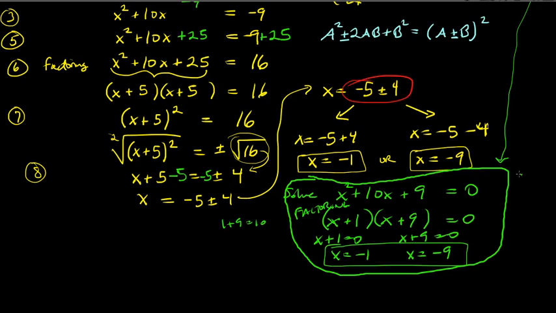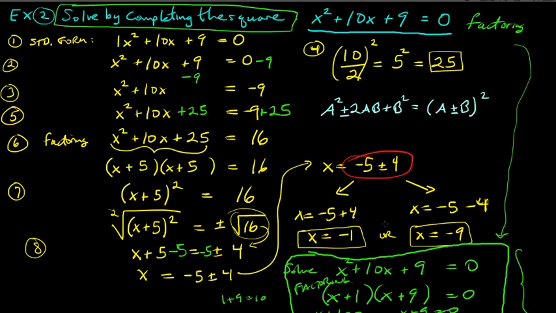You will get partial credit if you do it this way and you do it correctly. But you will lose substantial credit for not following the directions. They really wanted you to complete the square here, even though this was doable by factoring.